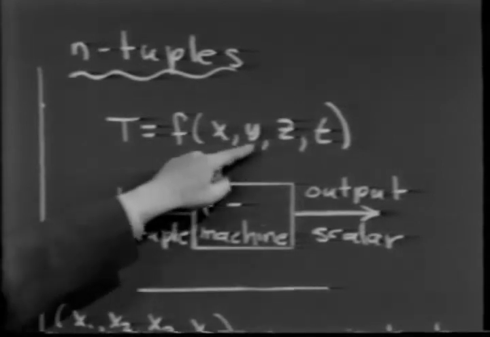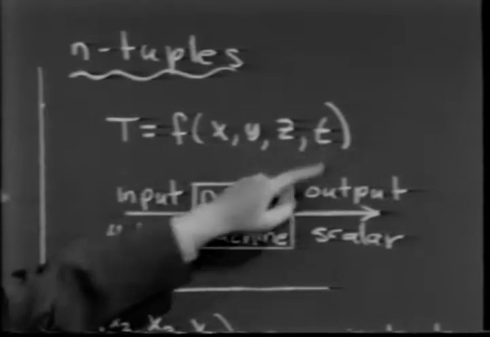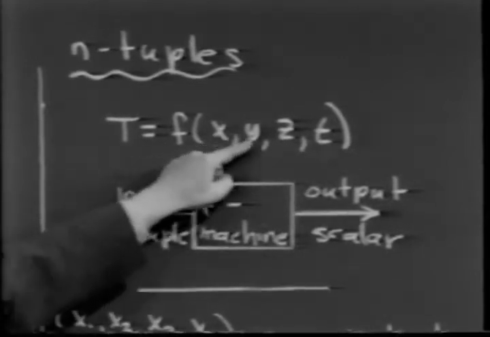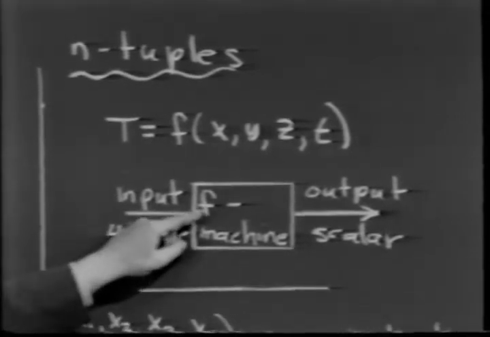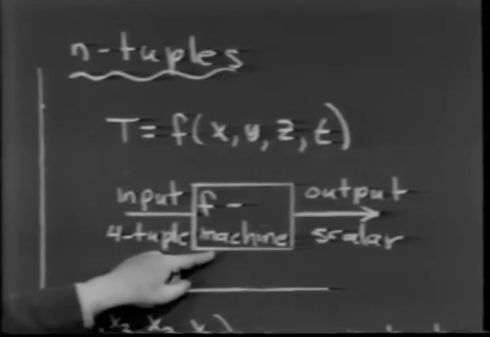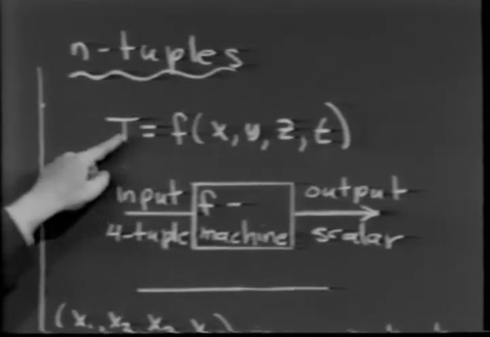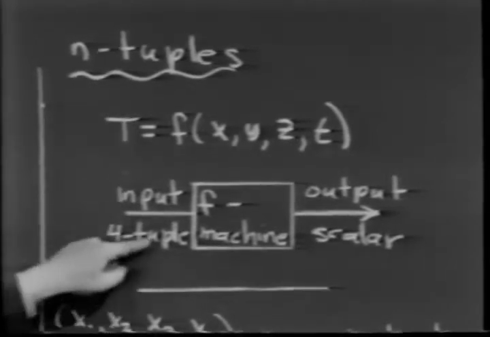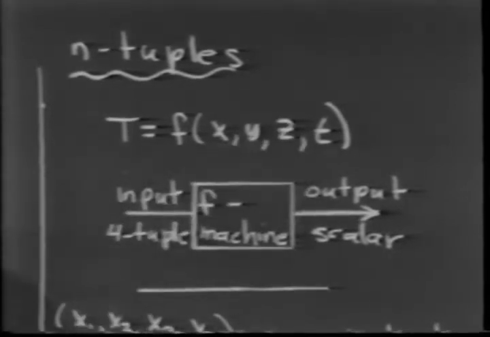Namely, I need 4 values, x, y, z, and t. Order does make a difference. For example, if I interchange the x and the y coordinate, in other words, x and y, what I'm doing is I'm interchanging the x and the y coordinate of the point in space, and that in general is going to change the point in space. The point, however, is that in this particular f machine, notice that my output is a scalar. Namely, the temperature is a number, but the input is a 4-tuple, namely x, y, z, and t.